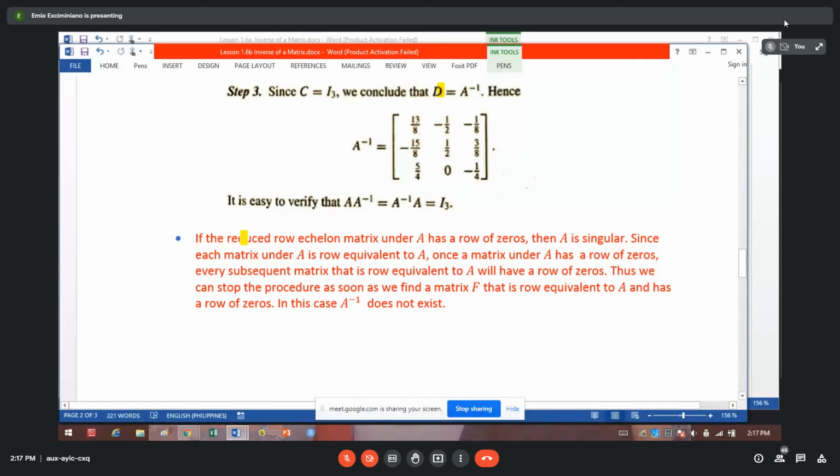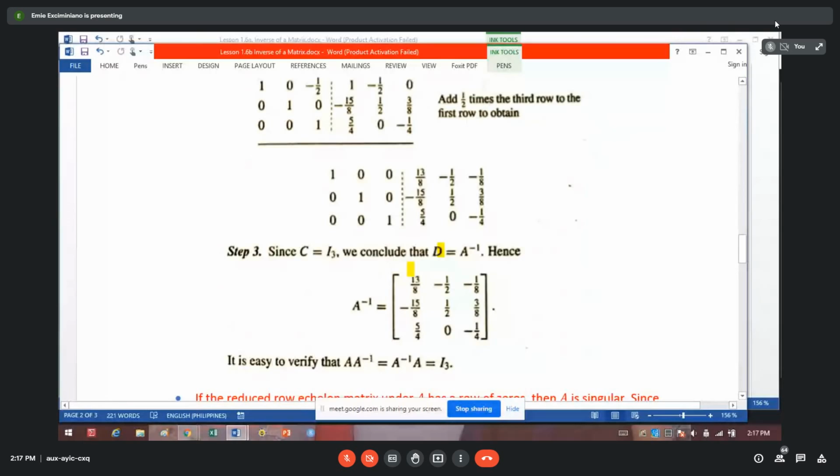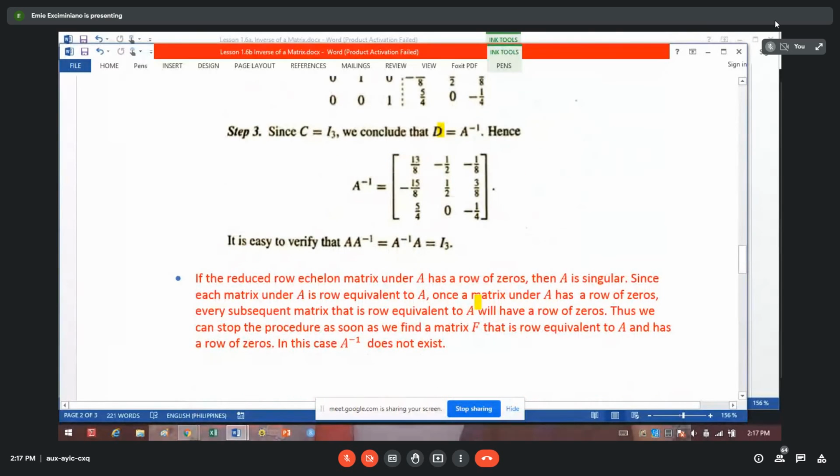So note, if the reduced row echelon matrix under A has a row of zeros, then A is singular. Obviously, wala namang row na puro zero. Since each matrix under A is row equivalent to A, once a matrix under A has a row of zeros, every subsequent matrix that is row equivalent to A will have a row of zeros.